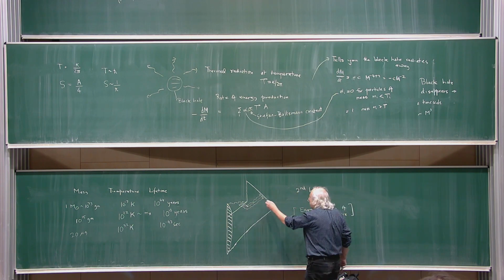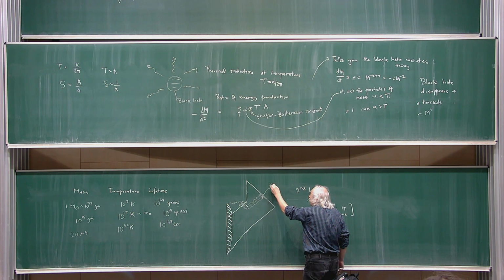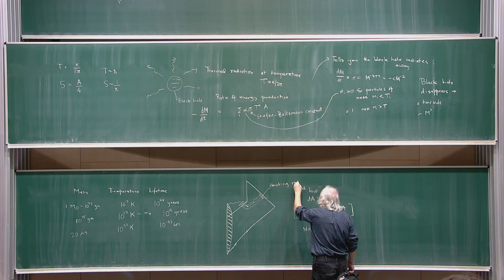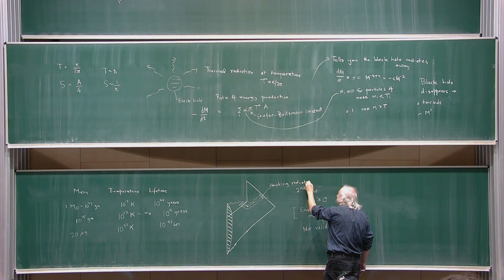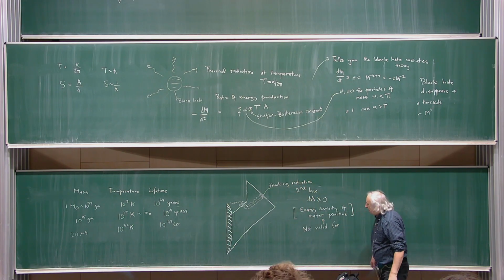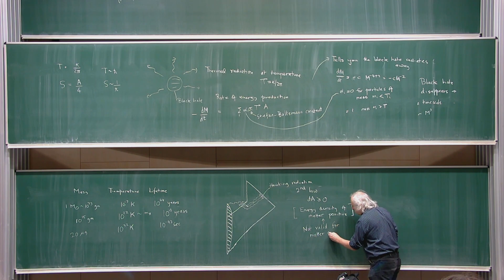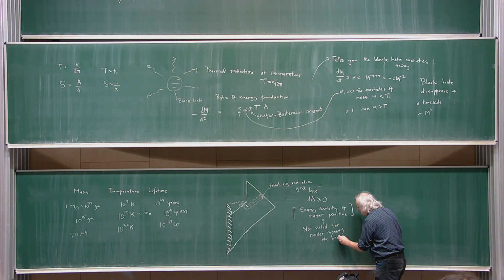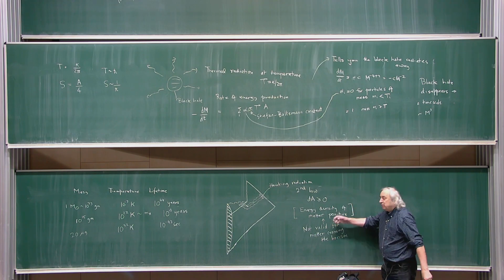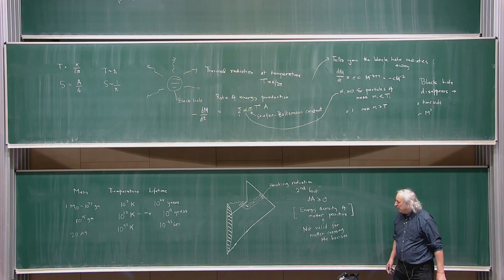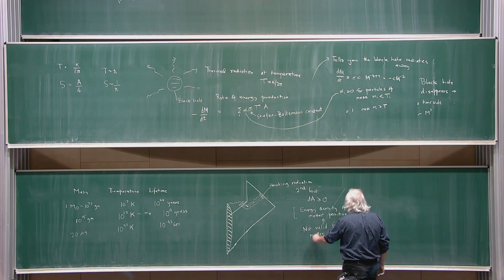This outgoing radiation is usually called Hawking radiation. And so, although on the face of it, this looks like a problem, it isn't. So we'll cross it out.